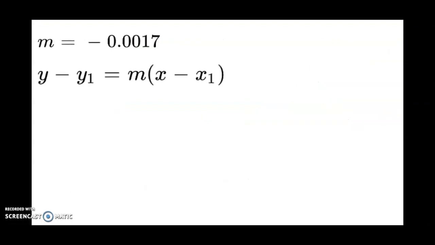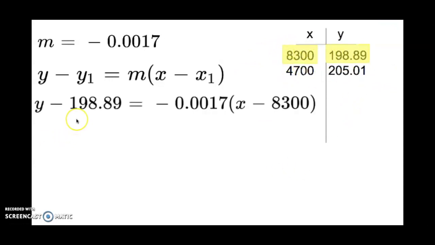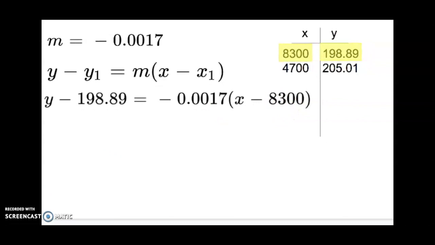That's our slope, and now we have to find an equation for it, so let's use the point-slope formula. Looking at our table again, I'm going to choose the first pair of points. You could have chosen the second pair and gotten the same answer. Putting it in, I have the 198.89 for y, the 8,300 in for x. Now I solve for y.